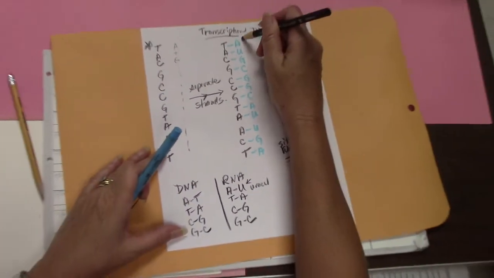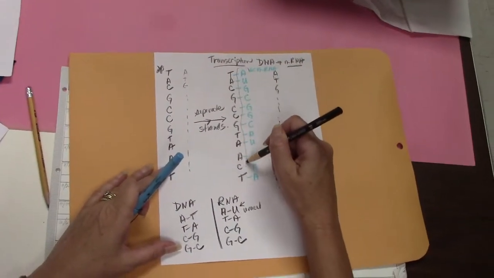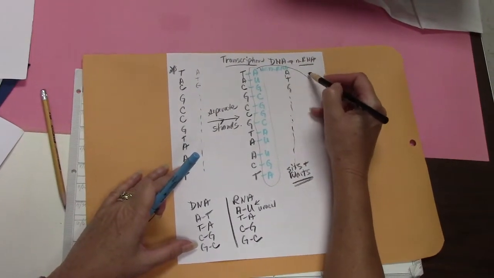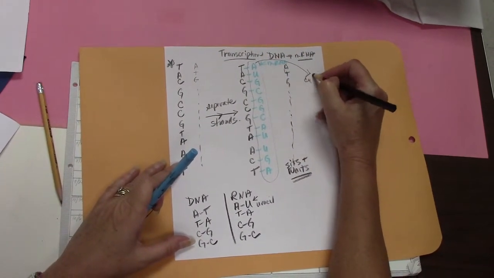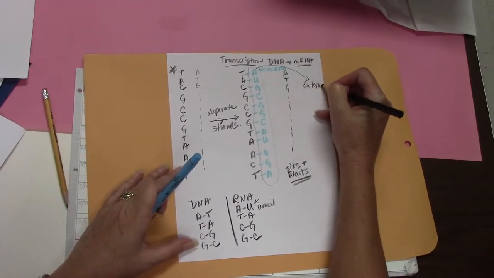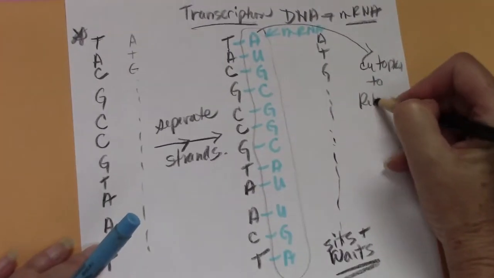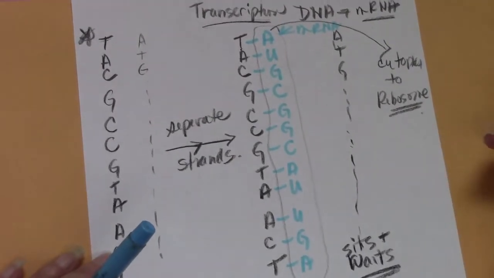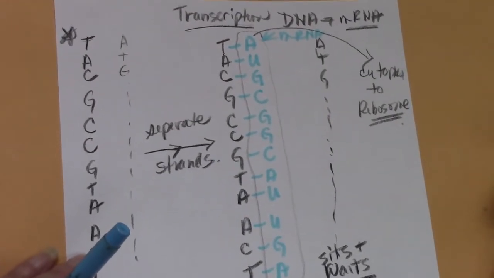It sits and waits, and as soon as the messenger RNA peels itself off of this, it goes out of the nucleus to the cytoplasm to find a ribosome. The ribosome is where you're going to be doing the next process, which is translation.